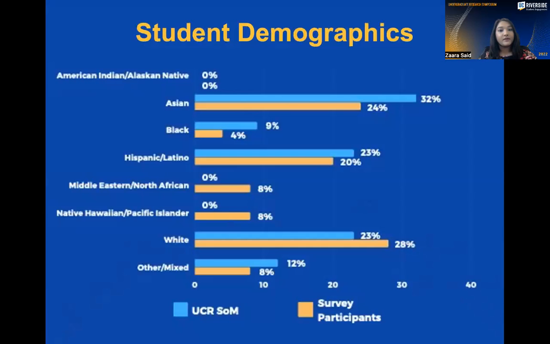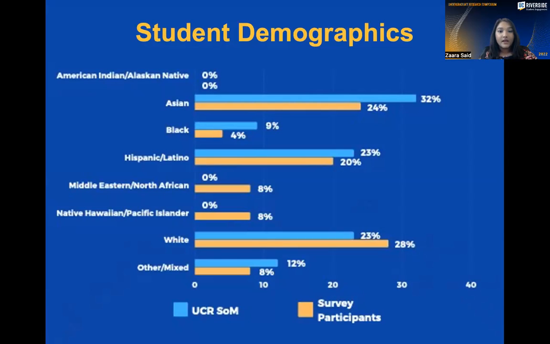So moving to the results of this study. Here are the demographics of the students that were surveyed. In general, the UCR student population is highly diverse compared to the student populations of medical schools across the US. They're not representative of all students. And this sample of students that responded have some racial groups that were overrepresented compared to the overall population of students at the UCR School of Medicine.